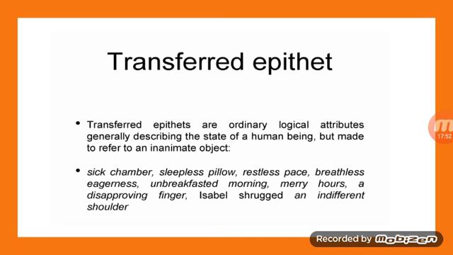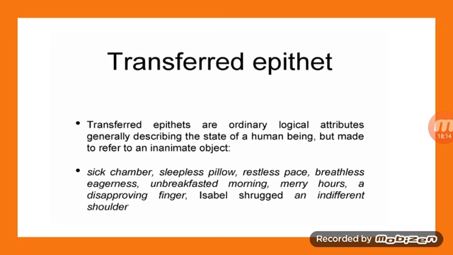Now comes transferred epithet. Now let's read about it. Transferred epithets are ordinary logical attributes generally describing the state of a human being, but made to refer to an inanimate object, like sick chamber, sleepless pillow, restless space.